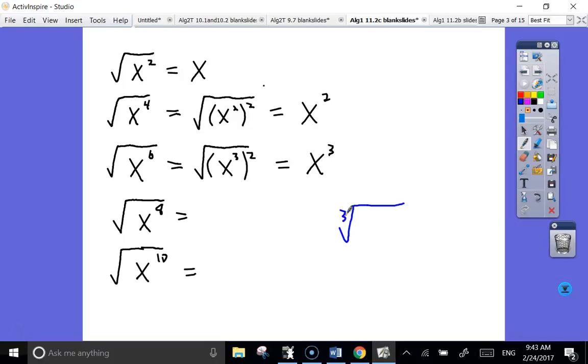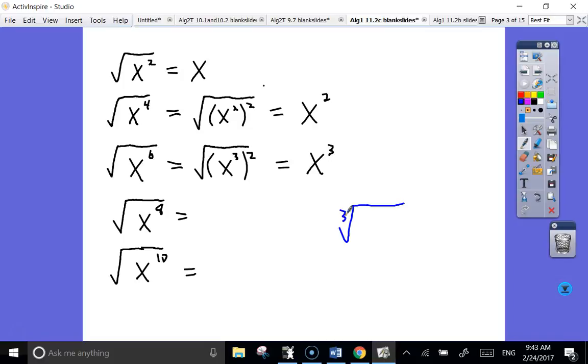So when I'm simplifying one of these, I usually don't write it so that I can take the square root of a perfect square. What I usually do is divide the exponent inside by the index. That tells you how many of that thing come out. 2 divided by 2 is 1, x to the 1. Look at x to the fourth: 4 divided by 2 is 2, x squared.